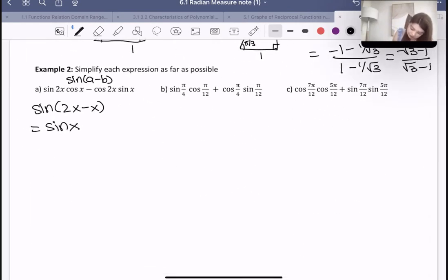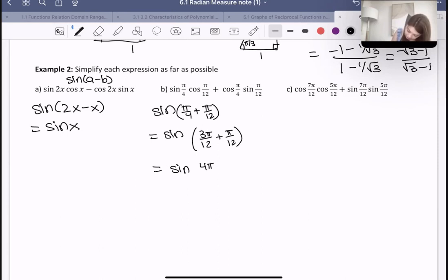This one would then be sine pi over 4 plus pi over 12, which is sine 3 pi over 12 plus pi over 12, equals sine 4 pi over 12, which is equal to sine pi over 3, which is equal to root 3 over 2. So there we have it.